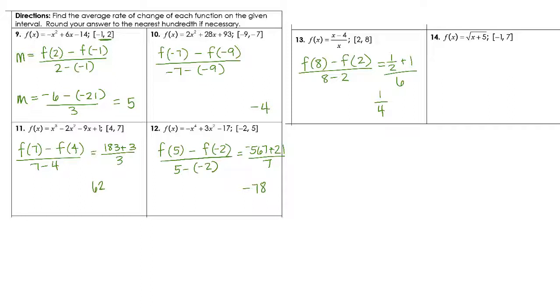And finally, number 14, same process again, just different types of functions that we're subbing into. We have f at 7 minus f at -1 over 7 minus a -1. And now we go straight to our calculators. f at 7, we're going to have the square root of 12 minus the square root of 4 all over 8.